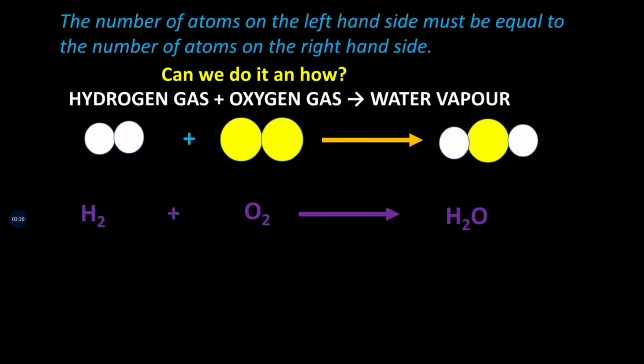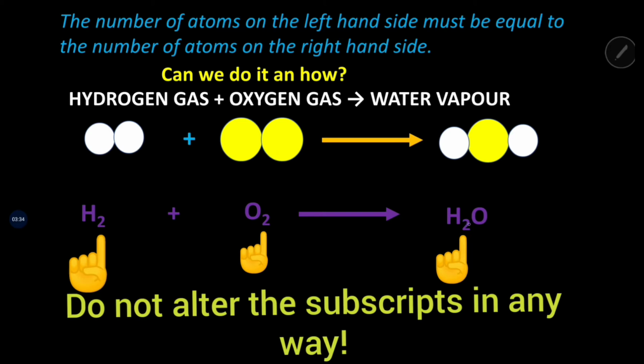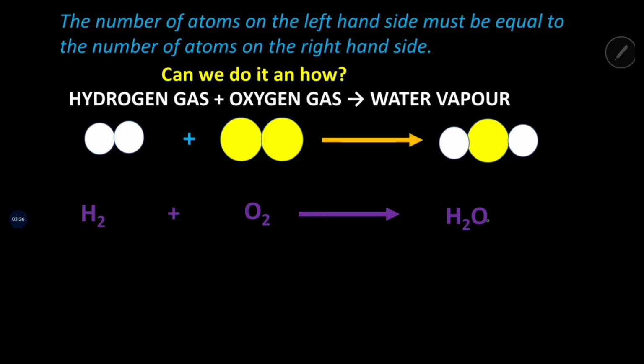So at the onset guys, I'd like you to avoid this common mistake of adding small numbers at the bottom in an attempt to balance a chemical equation, or even scratching out the small numbers at the bottom. That is incorrect. For example, if I added a little 2 here, by inspection it looks like the number of atoms is now balanced. Why? Because here now I've got two hydrogens and two oxygens.